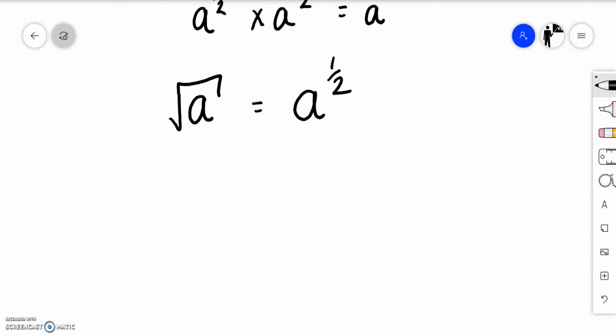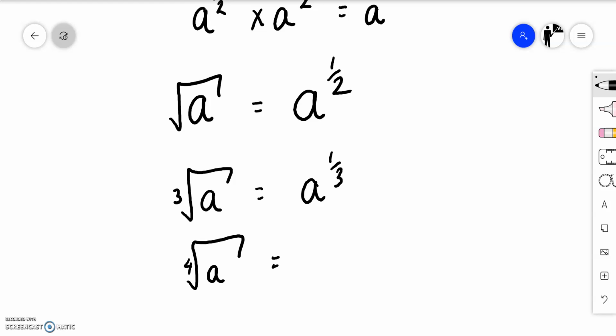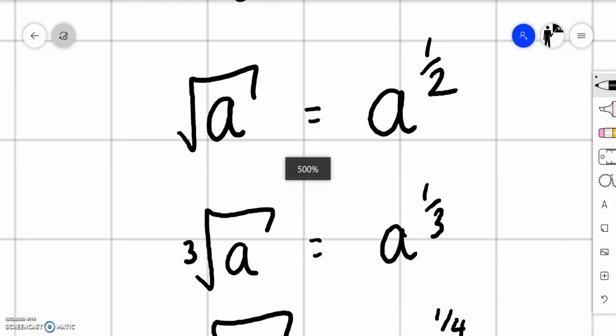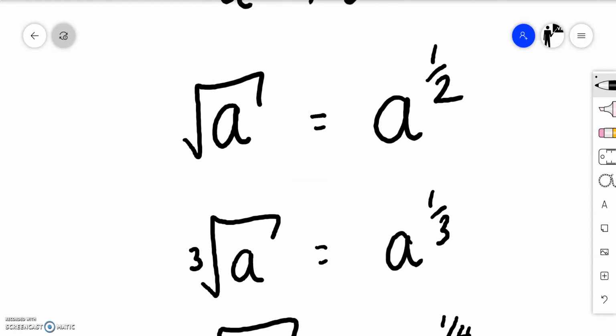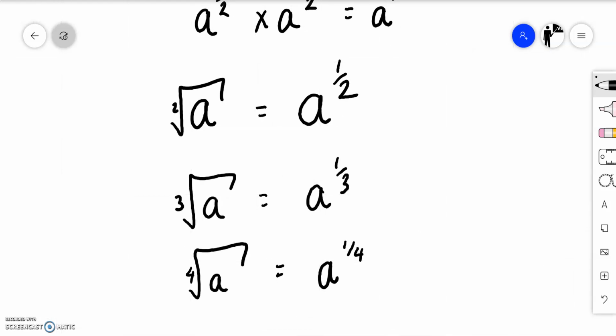Similarly, we can say that the cubed root of A is the same as A to the power of 1/3. The fourth root of A is the same as A to the power of 1/4. Because technically when we're looking at square roots, there's some hidden numbers here. Technically, we've got that value there when we're thinking about the square root. And technically, if you like, these are all to the power 1.